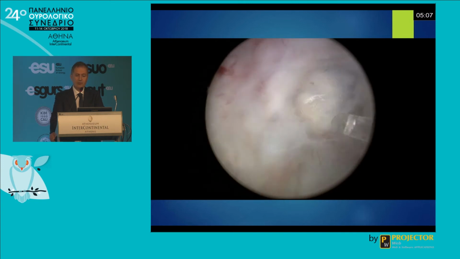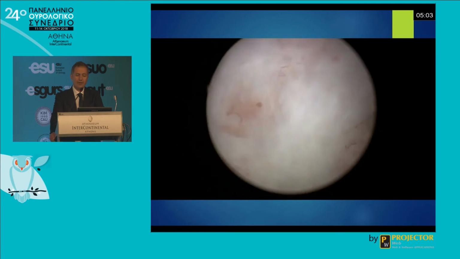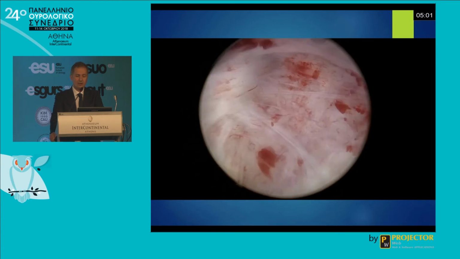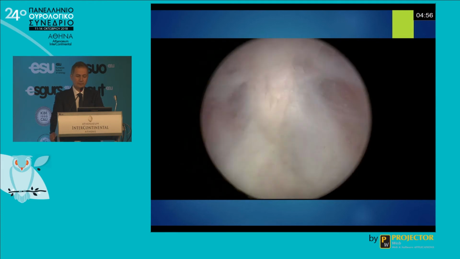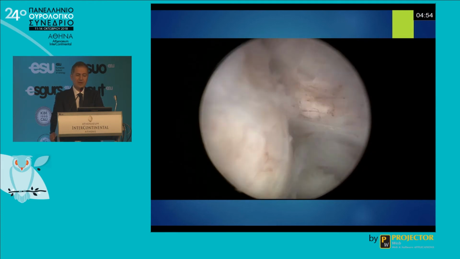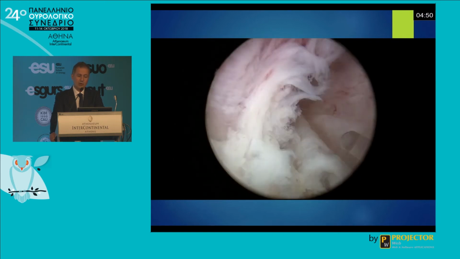Here you see we use the energy only for the adhesions between the capsule and the adenoma. And we are using the laser for coagulation only.